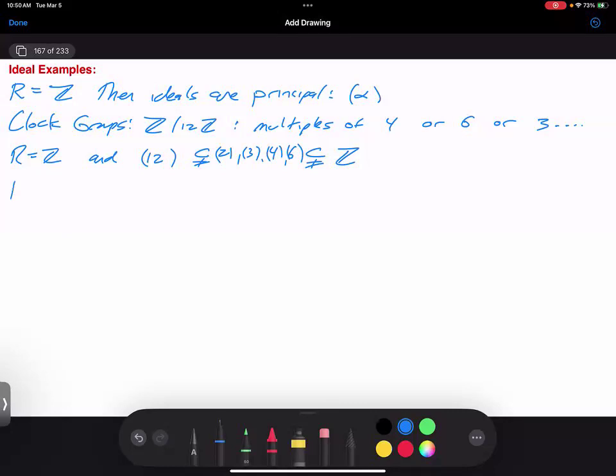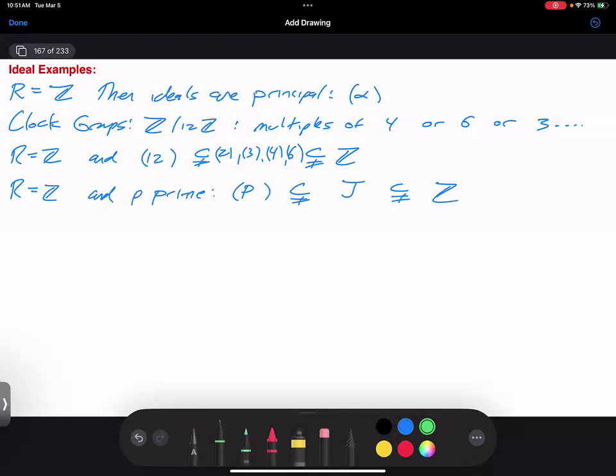What if I take R equals Z and P prime? Is it possible to find some ideal J that's larger than the ideal that's generated by P, but smaller than all the integers? Okay.